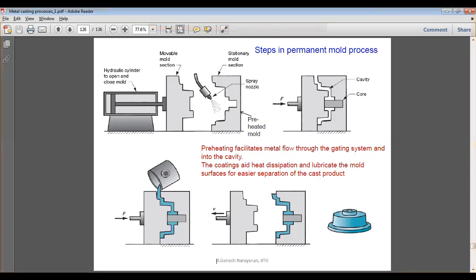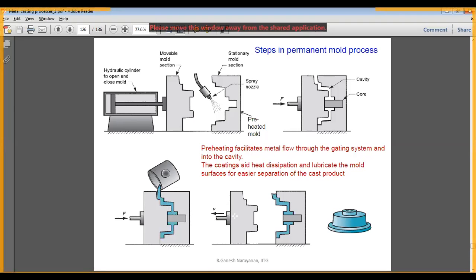So you can see here the whole process. The molten metal is poured inside the cavity, and then solidification time is given. After solidification, force is applied by the hydraulic cylinder and moving mechanism so that the movable jaw moves out from the fixed part, from the cavity, and this way the part is removed.